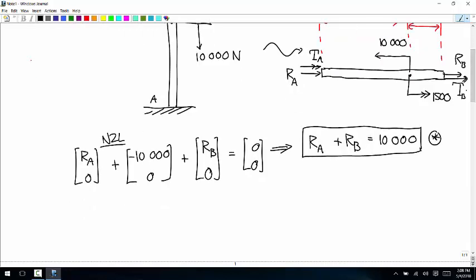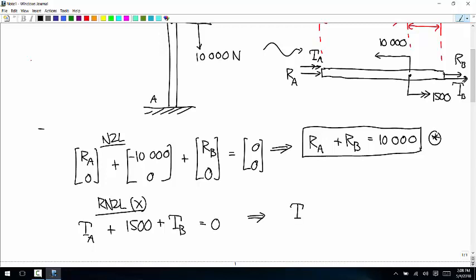And then the moment equation about the x-axis: we have TA plus 1500 plus TB is equal to 0. And so torque A plus torque B is equal to negative 1500.